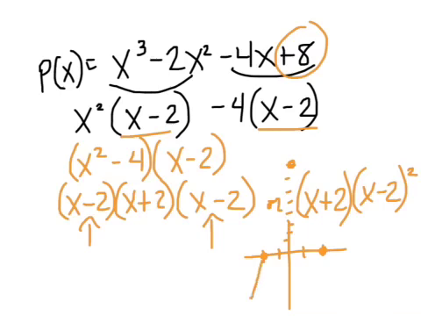It came in through here, because that's one of the zeros, and I know that that's odd with a positive. It hit here and came down, and then touched it, and then went right back up. And because, like a bouncing ball would hit the ground and come right back up, because it had a multiplicity of 2. If it has an odd multiplicity, it actually strikes through it. It goes right through it and doesn't stop.